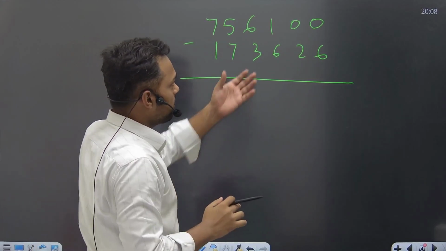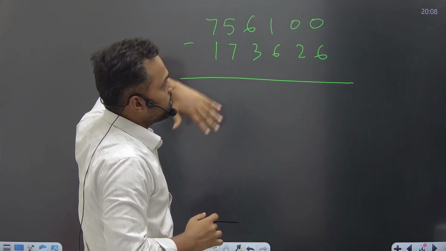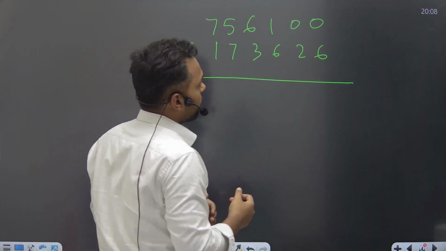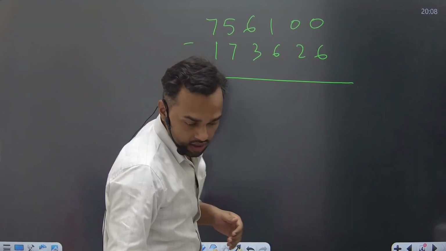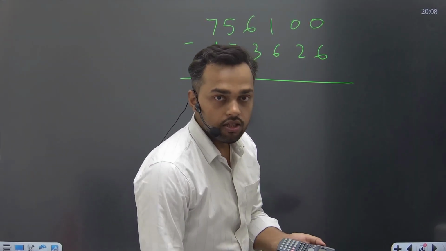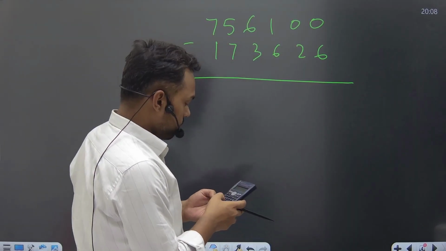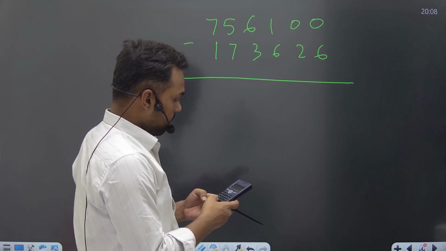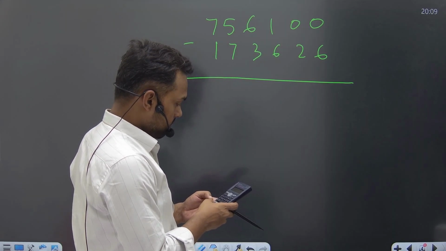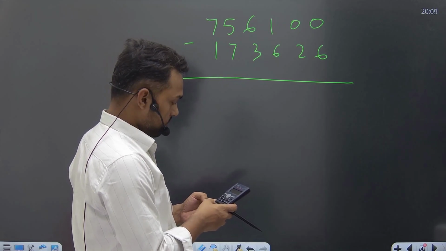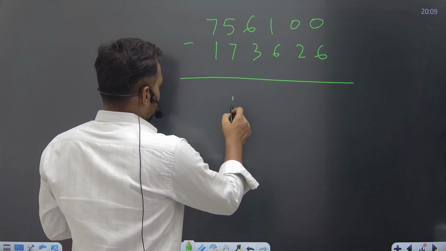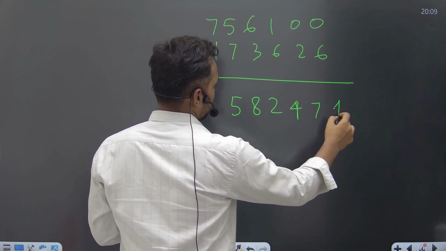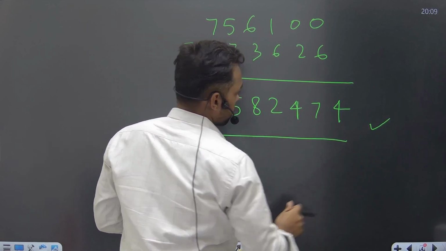It's very easy because 6 digits are present in the upper number and 6 digits in the lower number, so we'll directly subtract. They have already said that you can use the calculator, so we can go ahead with the calculator. You will get 582,474. Okay students, this is the solution.